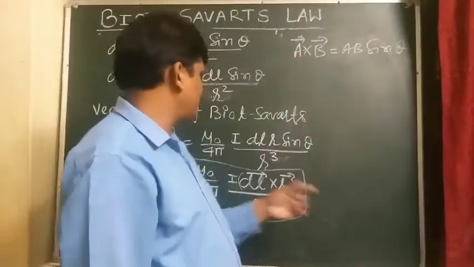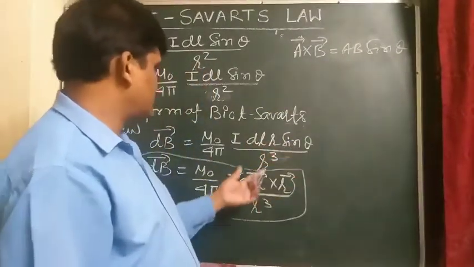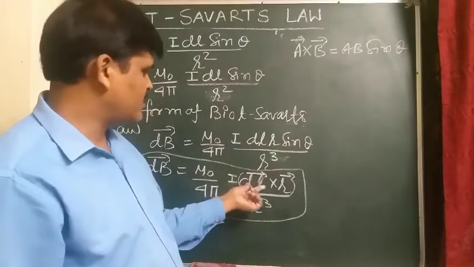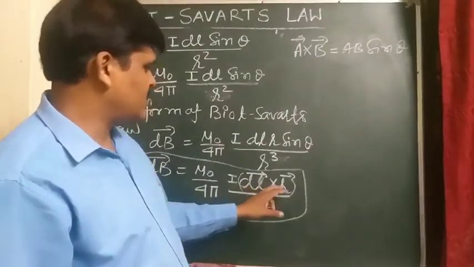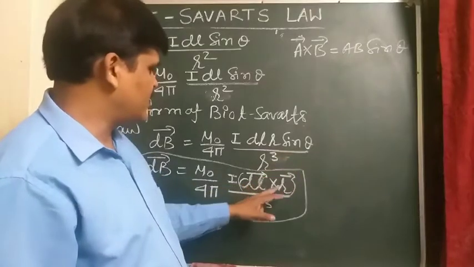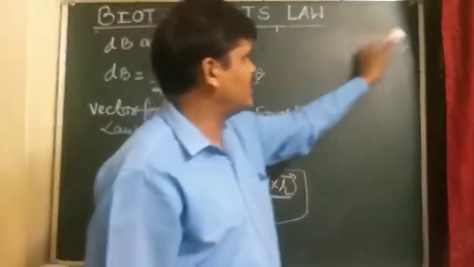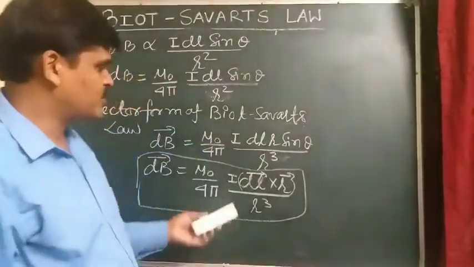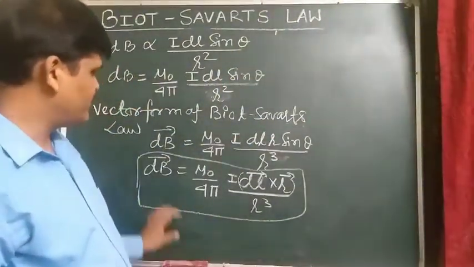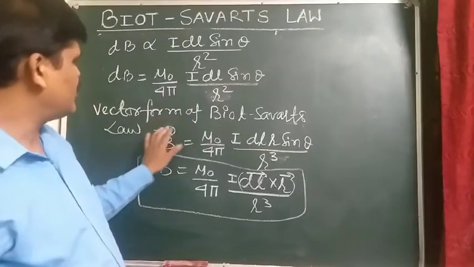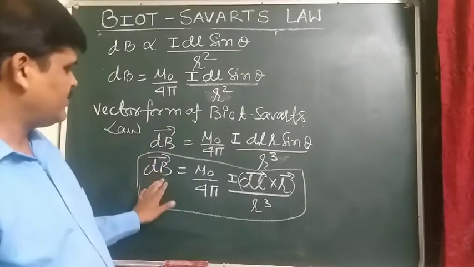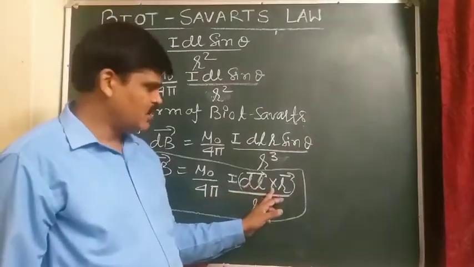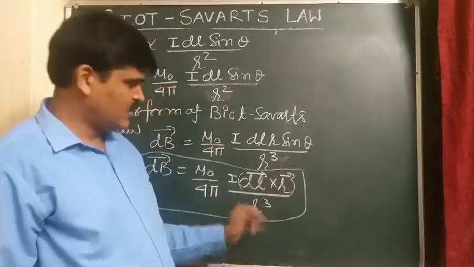So dl r sin theta can be written in vector form as dl cross r, because angle theta is between dl vector and r, and dl vector is the current element at any point which produces a magnetic field. And student, this is the vector form of Biot-Savart's law: dB vector equal to mu naught by 4 pi I dl cross vector r by r cube.